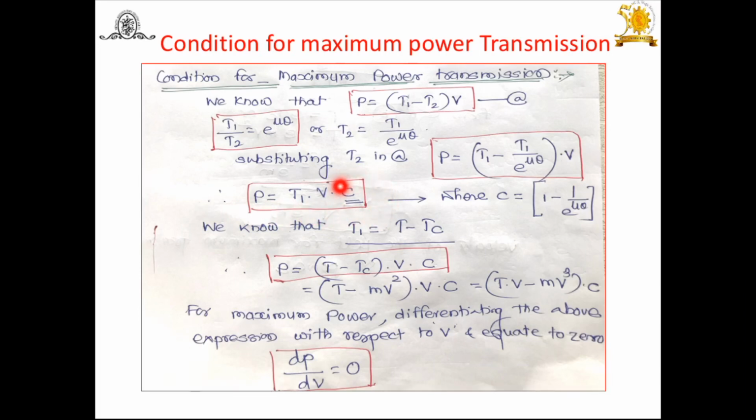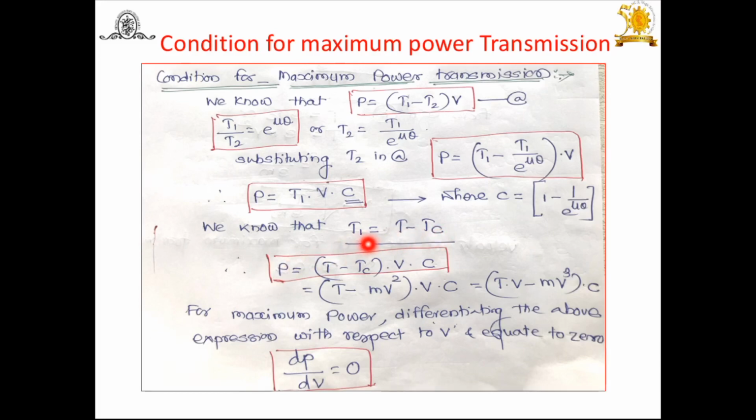Now let us assume C is one term, that is 1 minus 1 upon e raised to mu theta, for our derivation purpose. Further, we know that T1 is equal to T minus Tc. T is the total tension, T1 is the tight side tension, Tc is the centrifugal tension.